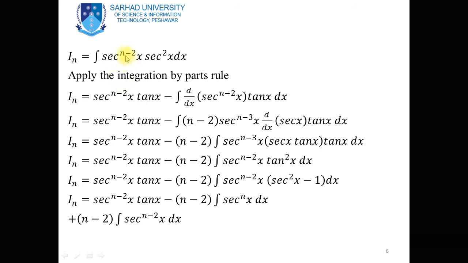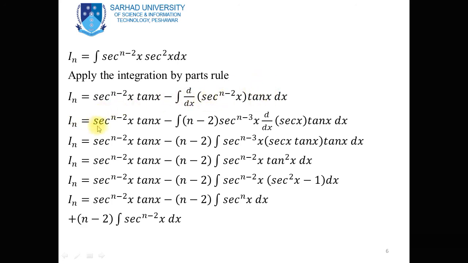Suppose secant^(n-2) x is the first function and secant square is the second function. Now first function is an integration of second function. The integration of secant square x is equal to tangent x, because the derivative of tangent x is equal to secant square x, minus the whole integration of the derivative of the first function and the integration of the second function.